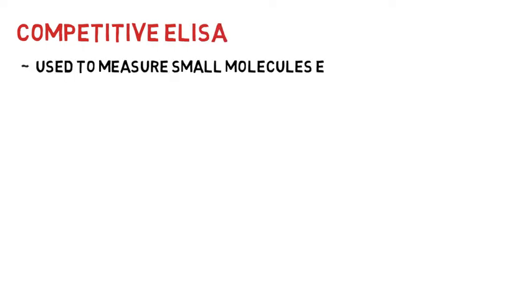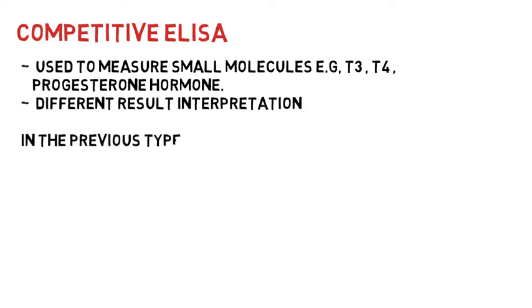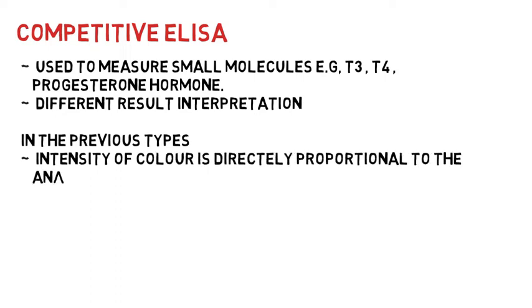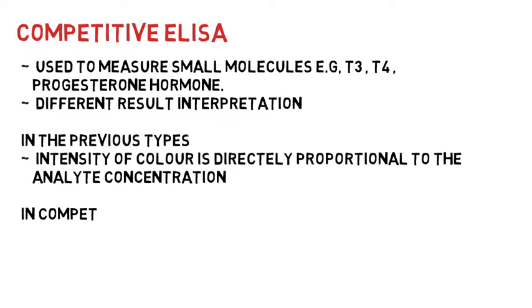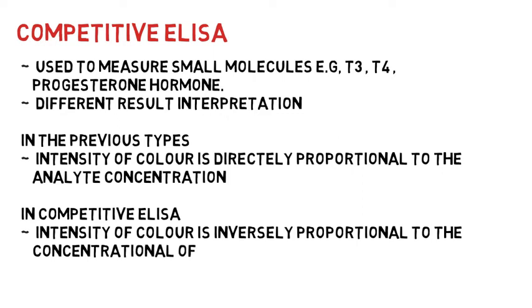Competitive ELISA is used to measure small molecules like T3, T4 and progesterone hormones. The result interpretation of competitive ELISA is different from other types, because in the previous ones we learned that the intensity of color produced is directly proportional to the amount of analyte. But in case of competitive ELISA, the intensity of color is inversely proportional to the concentration of analyte in the sample.